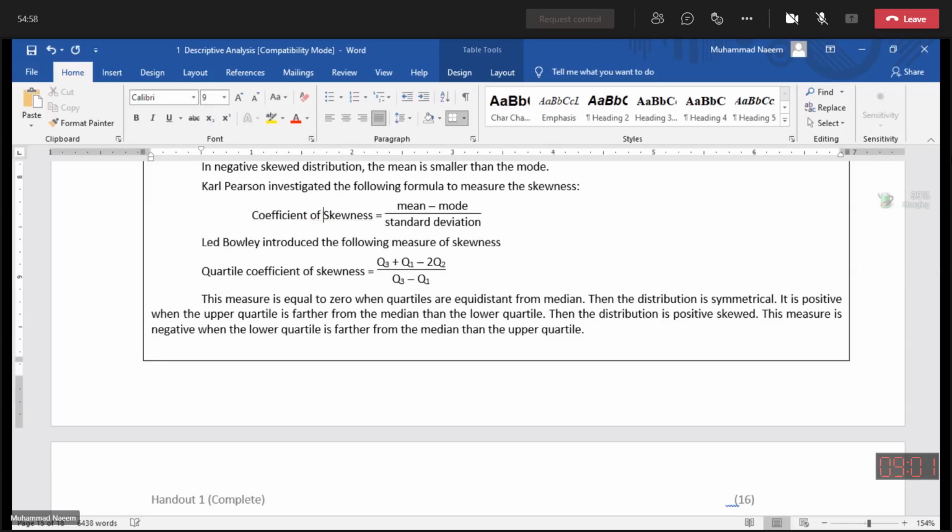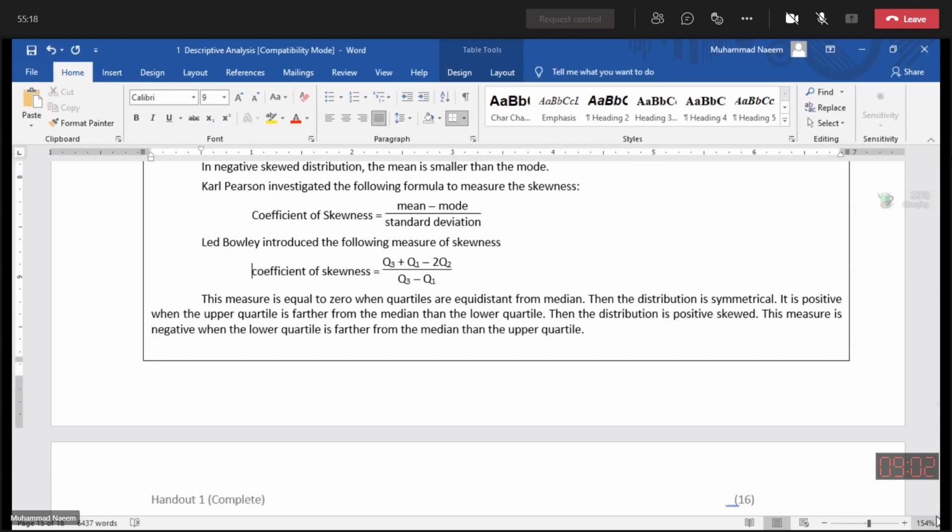No need to mention the quartile coefficient here. We can just say the coefficient of skewness with an alternative formula.